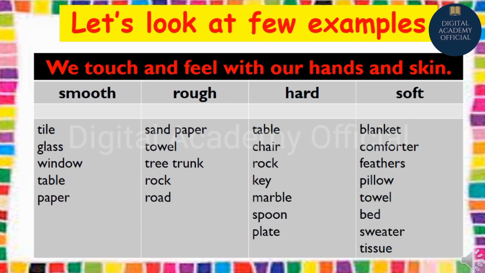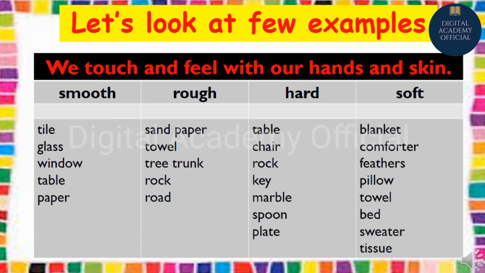The first one is the column of smooth things. You can touch yourself also. Tile, glass, window, table, and paper. Try touching these things and let yourself know that these materials are smooth.